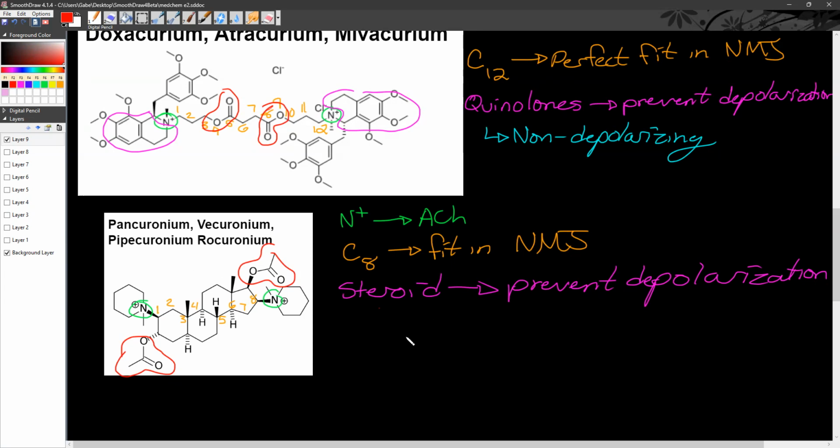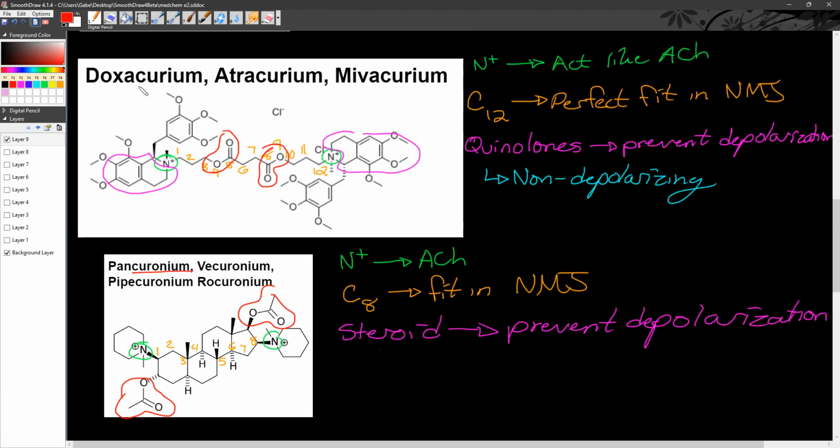In general, though, the curoniums have a longer half-life than the curiums. The reason for that is that if you break this internal ester, you completely get rid of the drug. But if you break one of these external esters, the distance between the N plus doesn't change.